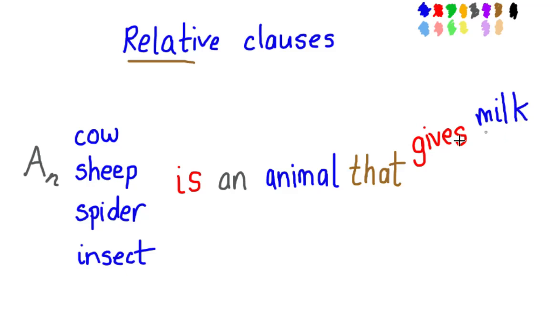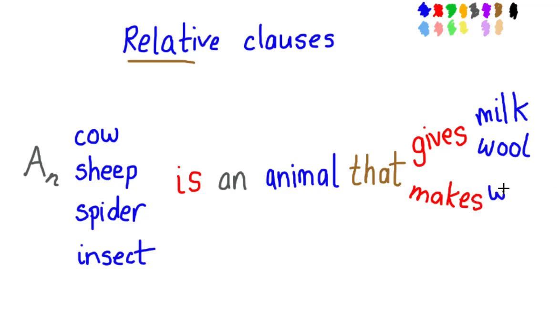So now we haven't just said that a cow is an animal, we've given more information saying that it is an animal that gives milk. And a sheep is an animal that gives wool. A spider is an animal that makes, what does it make?